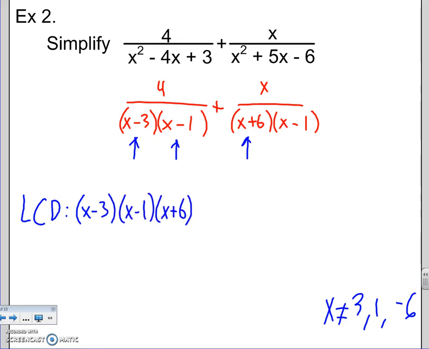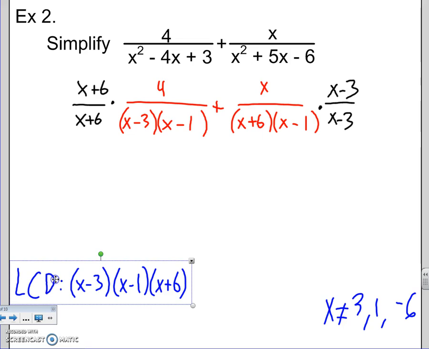As you can see, the left one is just missing the x plus 6, so I'm going to multiply this left one by x plus 6 over x plus 6. The right one was missing the x minus 3, so I'll multiply this by x minus 3 over x minus 3. And now I've got to do that. So let me move this least common denominator down.